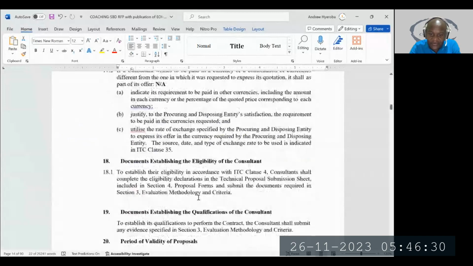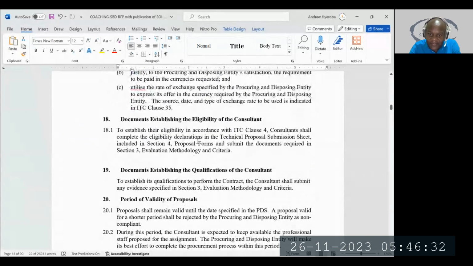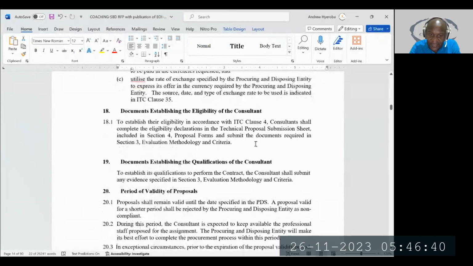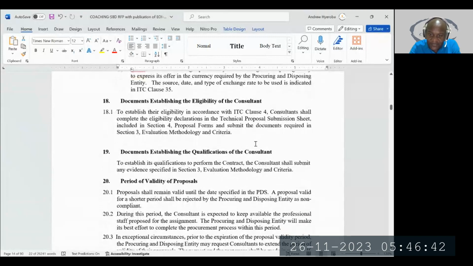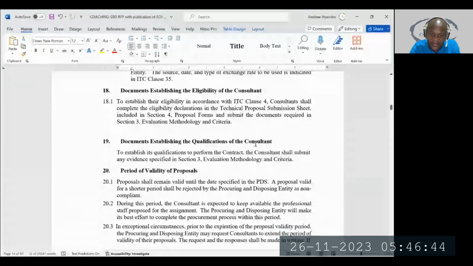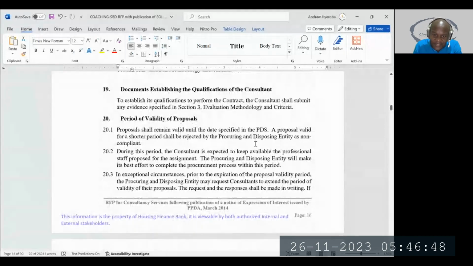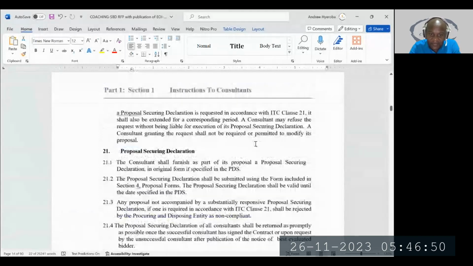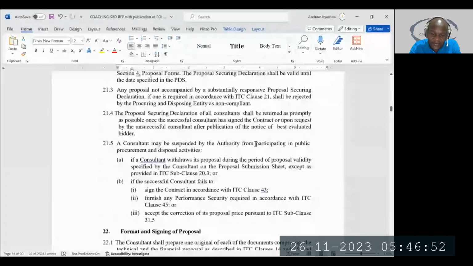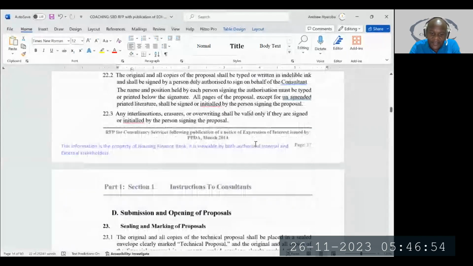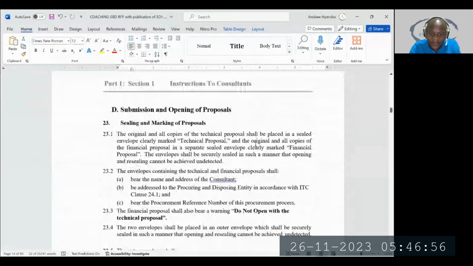In order to determine our eligibility, you shall complete eligibility declarations in the technical proposal submission sheet. In section 4, submit documents required in section 3, evaluation methodology criteria. Period of validity is also included. Then they talk of the proposal securing declaration and then format and signing of proposals.